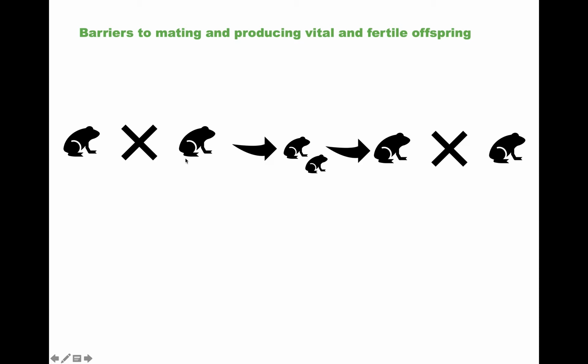Now, at each of these, there are multiple different steps where these barriers to mating can happen. It could be happening before these organisms can even mate, so there could be pre-zygotic barriers. Even if there are barriers which would prevent these frogs from mating, then if they can't mate over time, they're going to diverge and their gene pools separate.